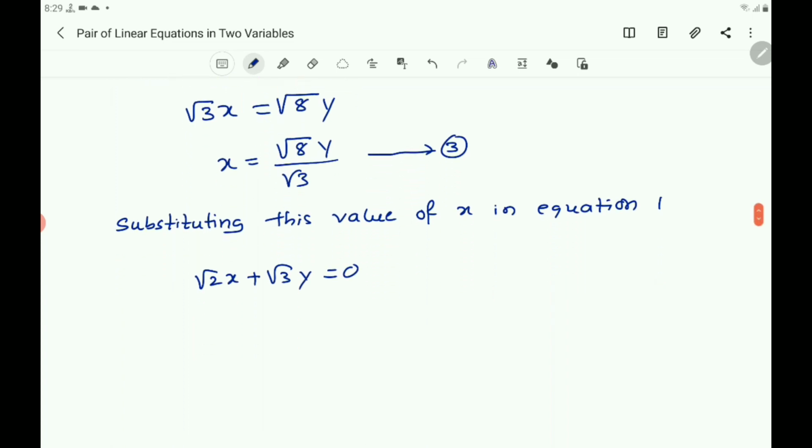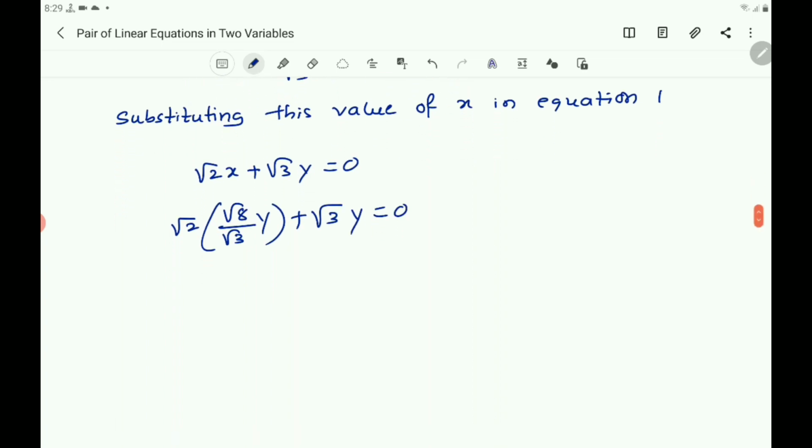Now you write root 2, x value is root 8 by root 3y, plus you write this as it is, root 3y equals 0.